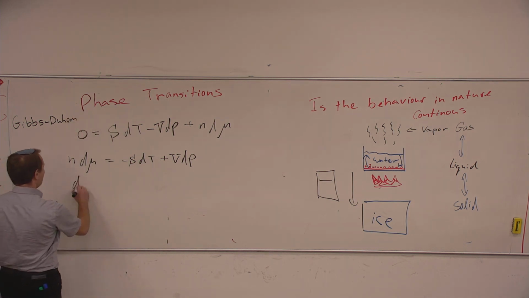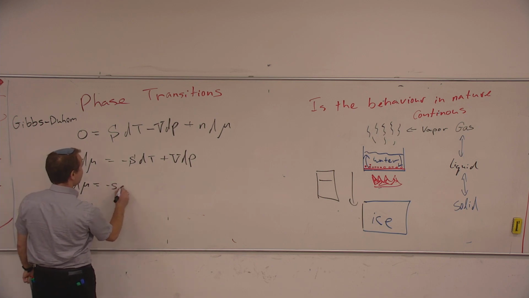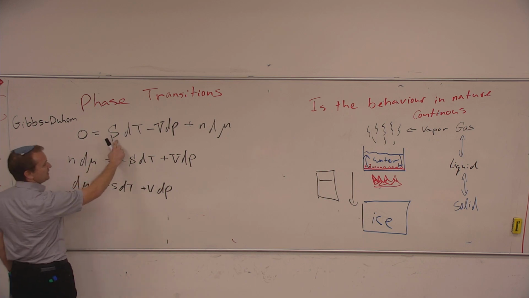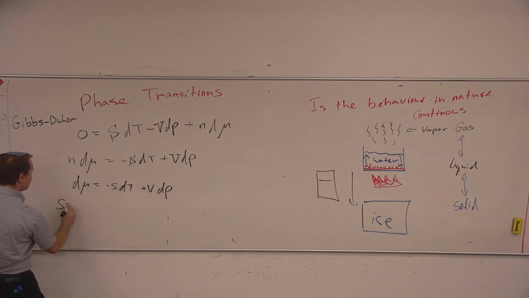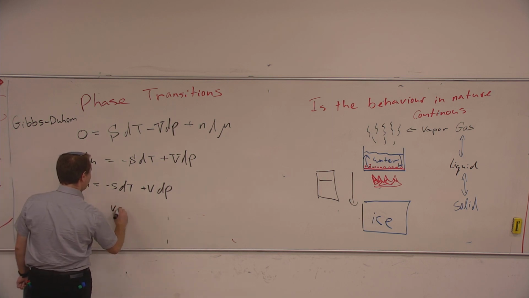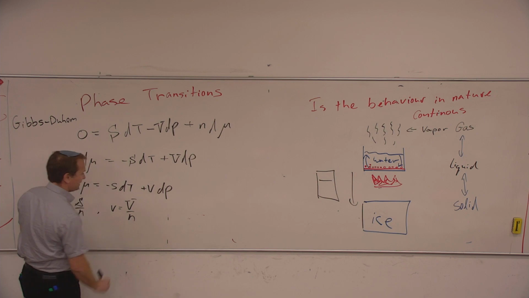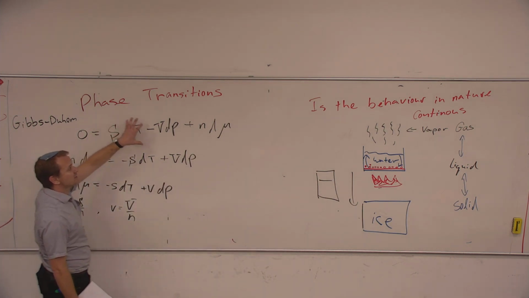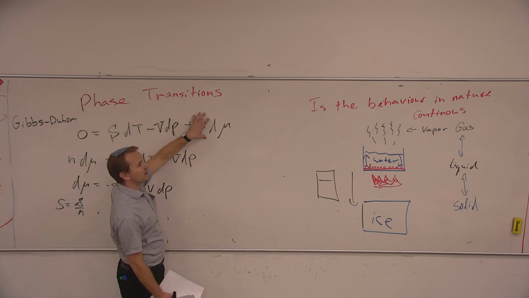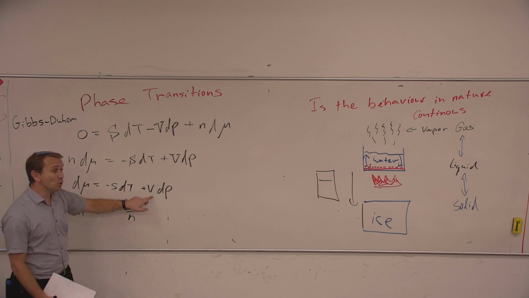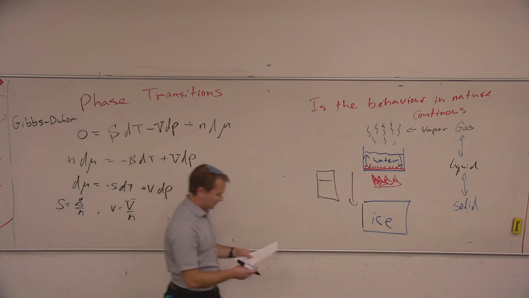So we have d mu equals minus s dT plus v dP. Why did I put big S and small s over here? Small s is big S divided by N, and small v is big V divided by N. So this is the total entropy, this is the total volume, and this is the total number of particles, the number of moles. Small s is entropy per particle, and small v is volume per particle.